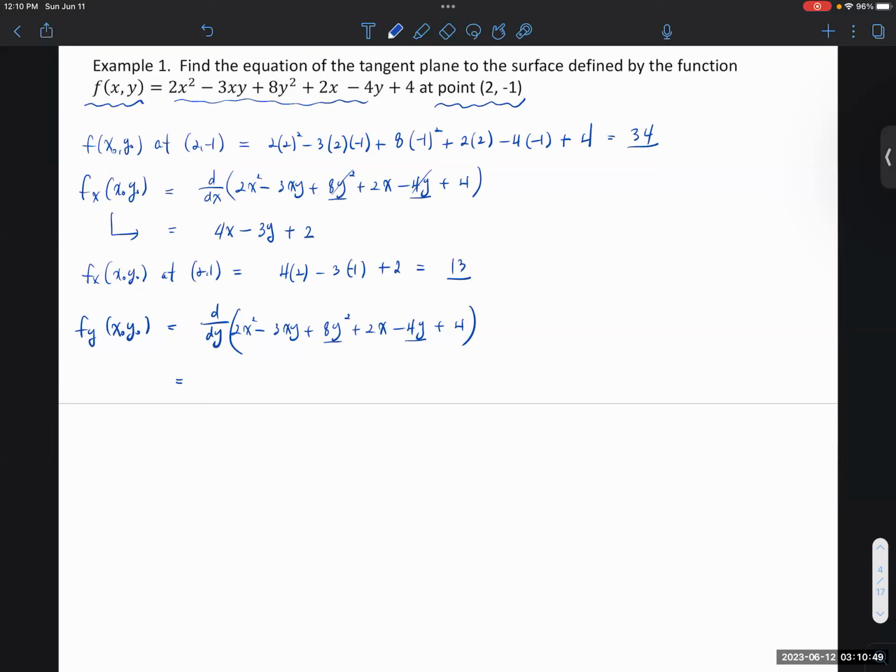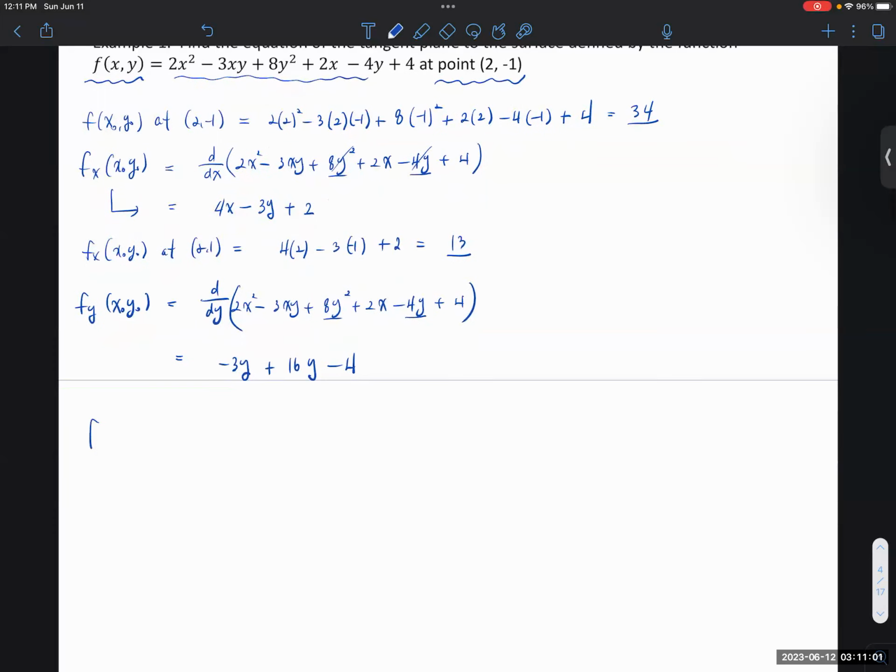And -3xy, now x is a constant, so -3y, 16y, 2x is going to be constant 0, -4, and 4 will be 0.